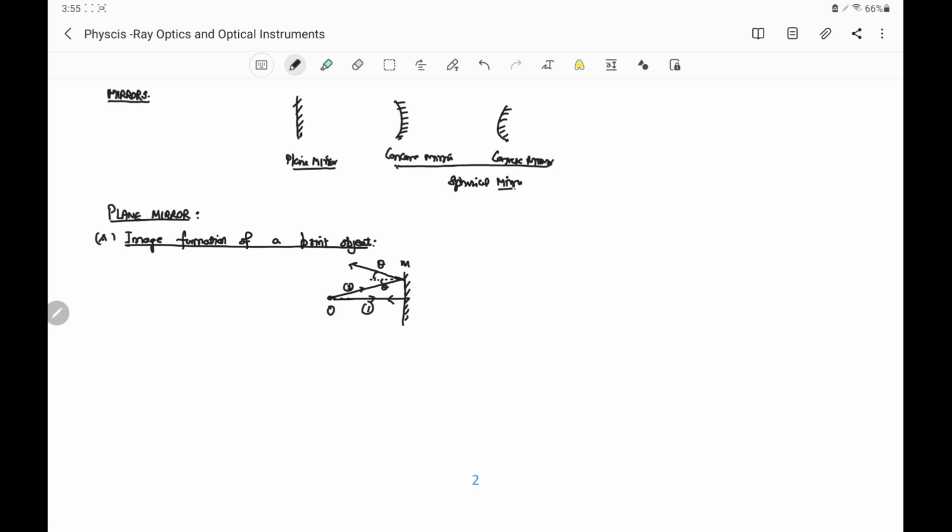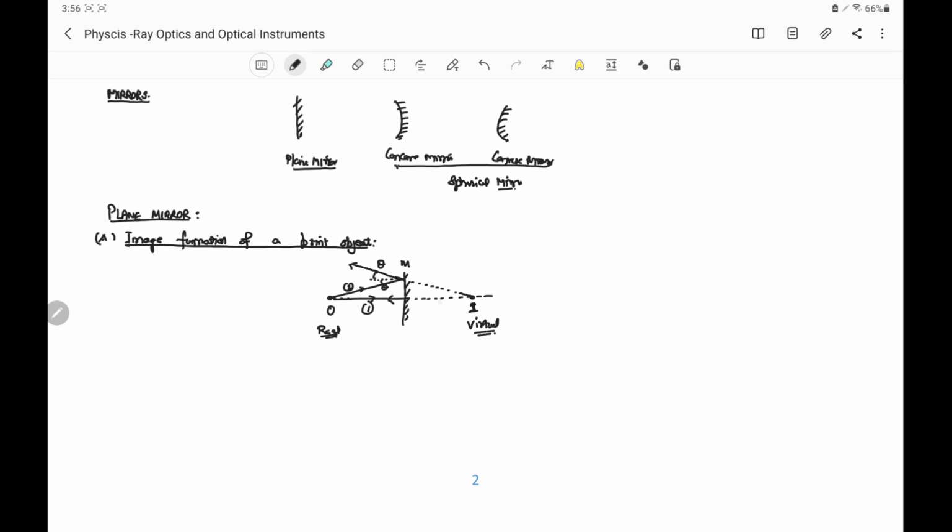Now for image formation, we backward trace the reflected rays because these two rays are divergent. On back tracing, we get a point of intersection which will be the image of the object. This O is the real object, so for a real object we have a virtual image.